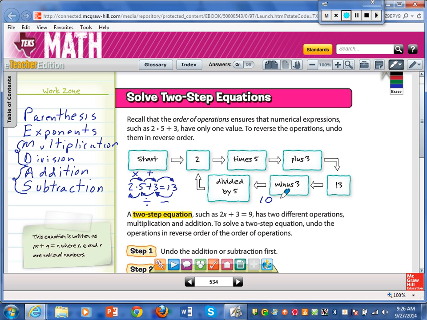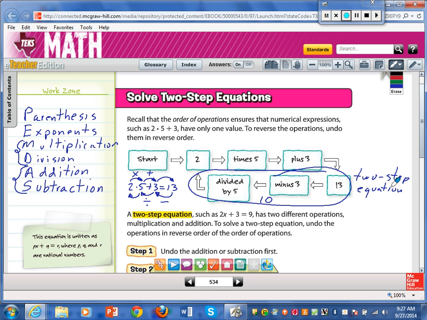Then when you divide 10 by 5, that puts you right back where you started. So this is the concept: undoing the operations backwards to solve two-step equations. And two steps means that's how many steps it takes you to get to the value of the variable.